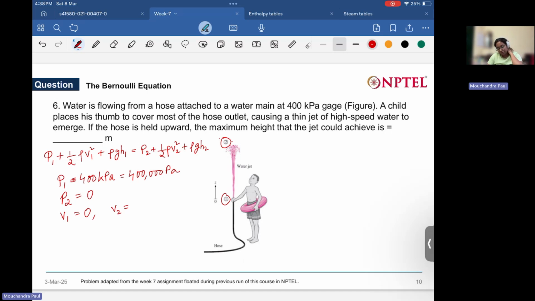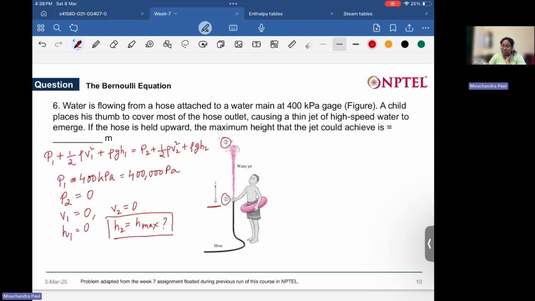So here also V2 will be 0. Here H1 will be 0. This is the axis that we have used. This is 0, H1, and we have to find H2, which is the maximum height. This is what we have to find.